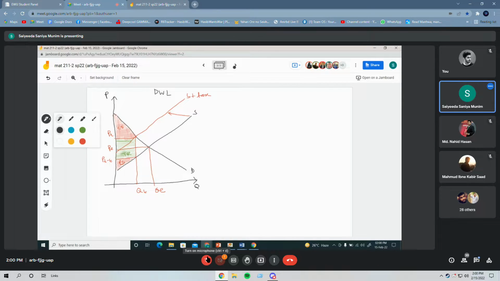So the consumer surplus that was there before has now been reduced. Similarly, producer surplus has been reduced too. Part of the consumer surplus and part of the producer surplus has gone to the government as tax revenue.